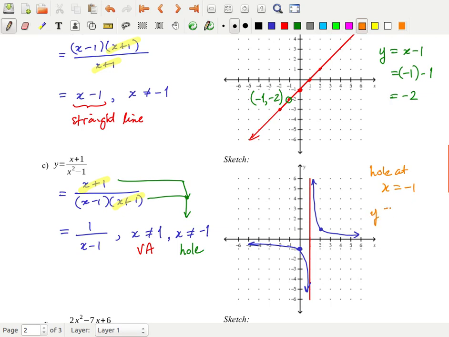So my y value occurs at 1 over x minus 1, which is 1 over (-1 minus 1), which is 1 over -2, or we would normally write that as -1/2. So at x equals -1, there's a hole, and the coordinates of that hole are x equals -1, y equals -1/2.